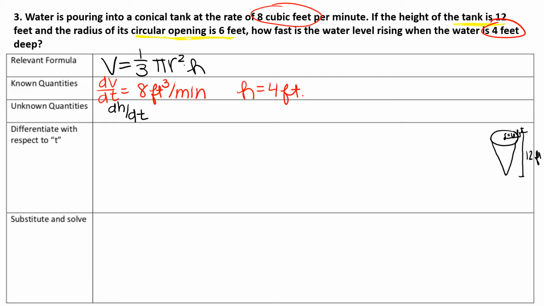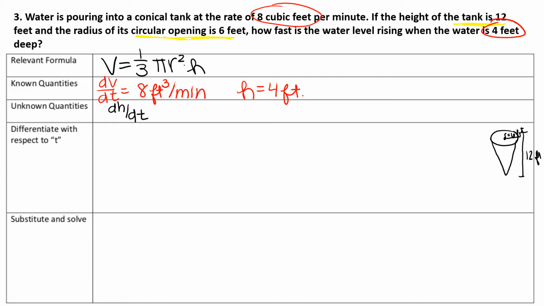That's everything that we got out of the problem. So the two things in red are what's relevant to the water being poured in. Notice that we don't have any information about the radius or the rate of change of the radius, other than the fact that the tank has a radius at the very top of 6 feet and the total tank is 12.